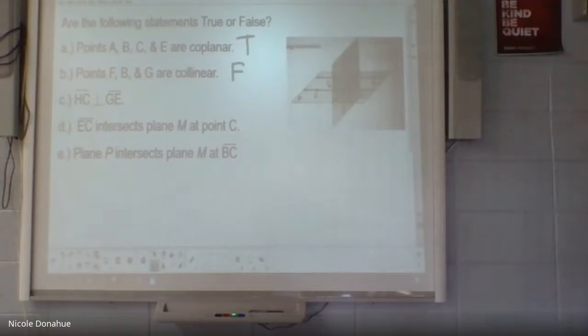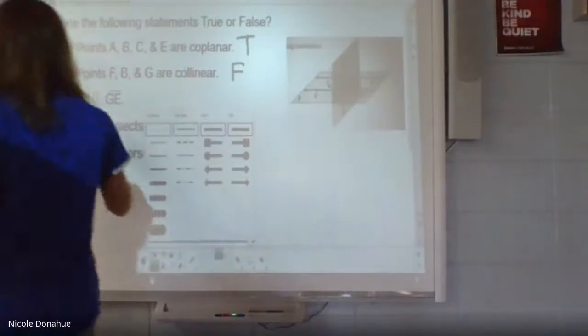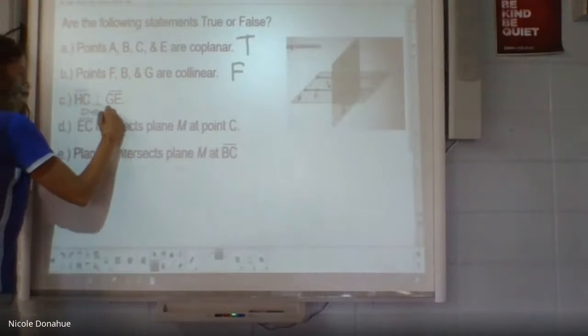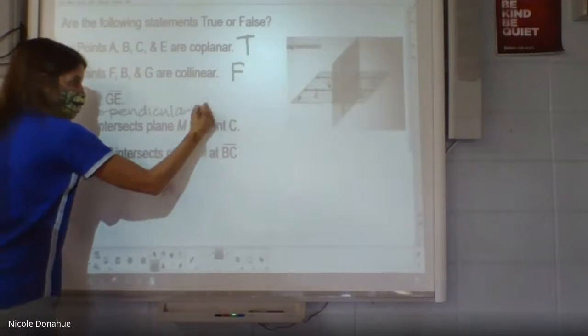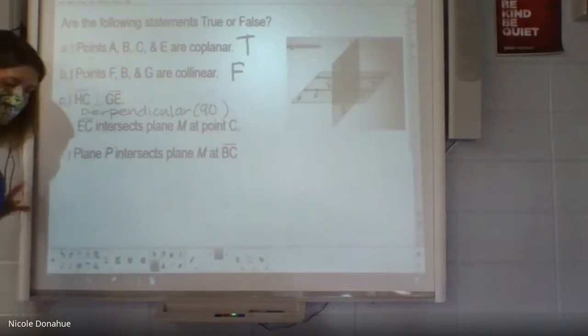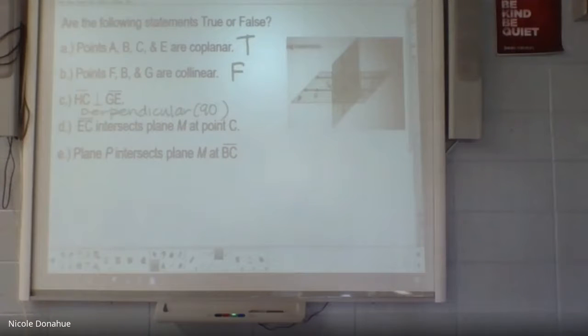Do you remember what that upside down T symbol means? Perpendicular. So don't forget about that. That little upside down T means perpendicular, which also means a 90-degree intersection, right? It says HC is perpendicular to GE.